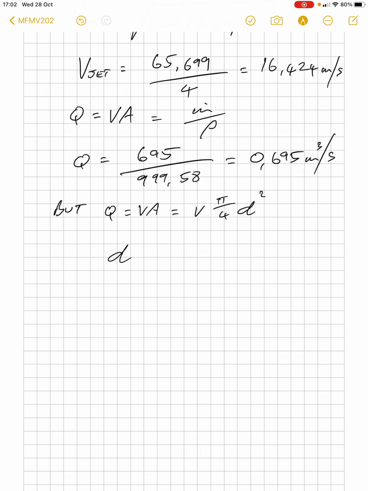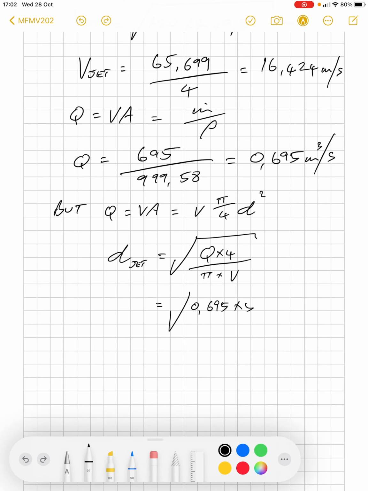So the diameter of the jet is then equal to the square root of Q times 4 over pi times V. 0.695 is the discharge, times it by 4.